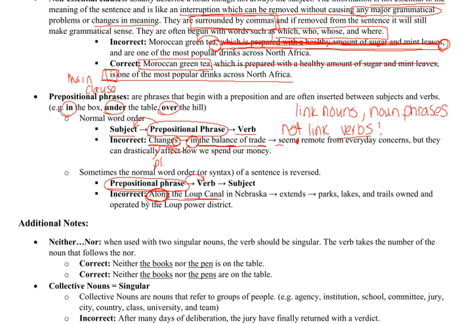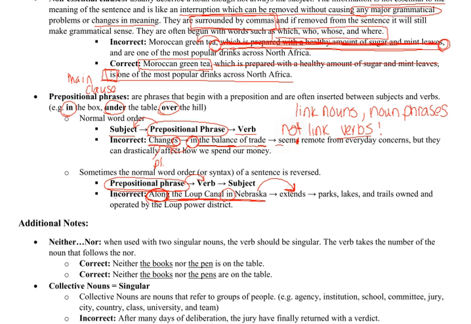The Loop Canal is that noun being linked, and in Nebraska is also another preposition and noun. So this prepositional phrase is starting off the sentence, and it's telling us more about where parks, lakes, and trails extend. So this is giving us additional information, but it's not actually the subject of the sentence.